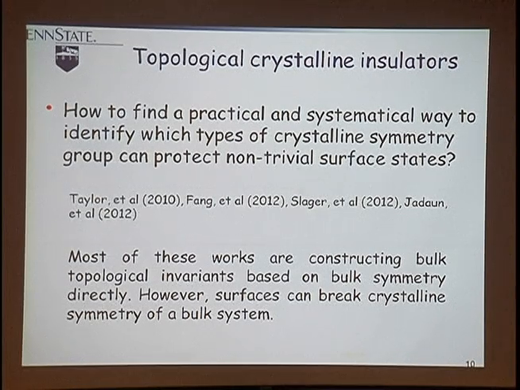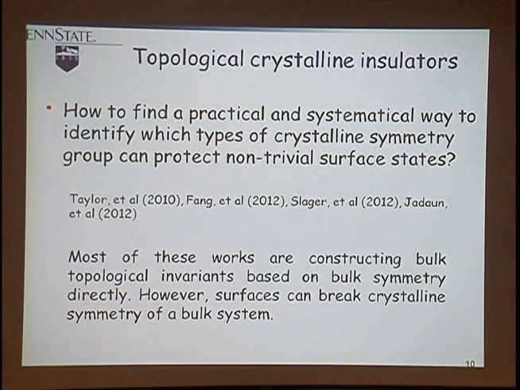So in their classification, they can have some bulk topological invariant, like inversion, but we know that any surface will break the inversion symmetry. That's a problem. Even if you identify some bulk topological invariant, eventually you cannot find any physical consequence, because unlike the topological insulator, you cannot find any surface state for that.